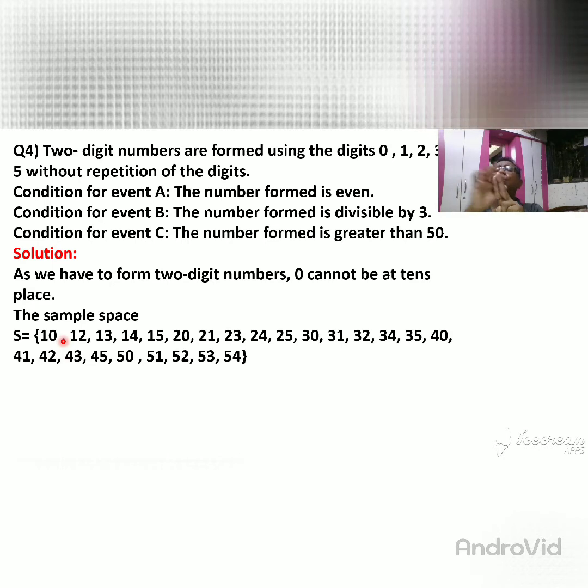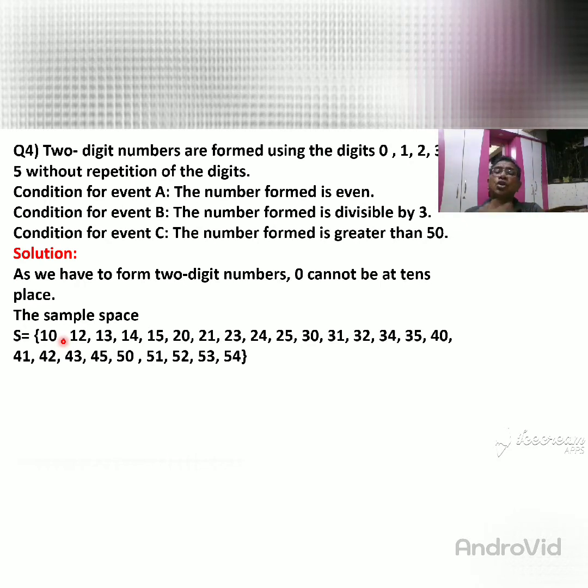So 11 is not right, it is wrong because there is repetition of a digit. 22 is wrong, there is also repetition. 33 is wrong, there is repetition of 3. 44 is also not allowed, because there is repetition of 4.